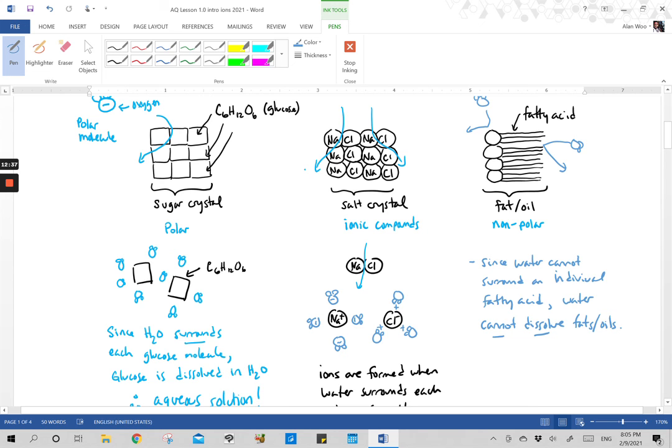Okay, they can't break it down into the fatty acids. They cannot break it down into the fatty acids and then surround those fatty acids to make it dissolvable. Okay, so because water cannot dissolve it, no aqueous solution is created.